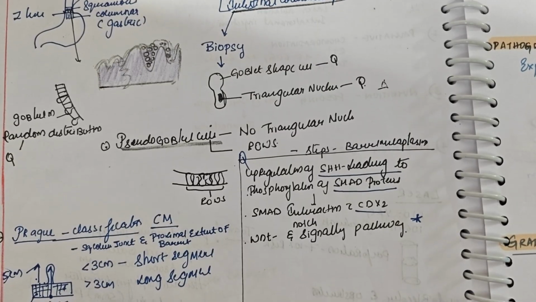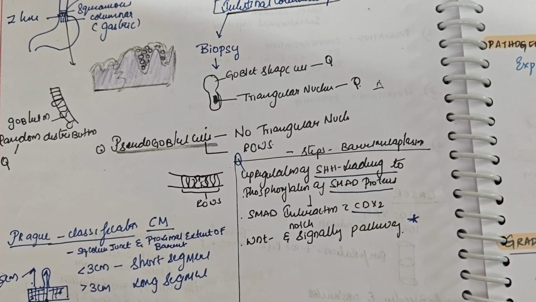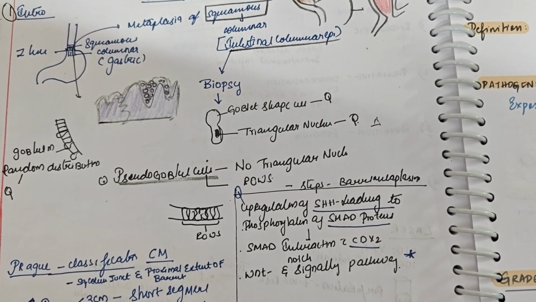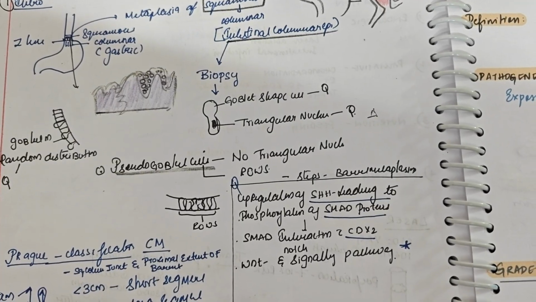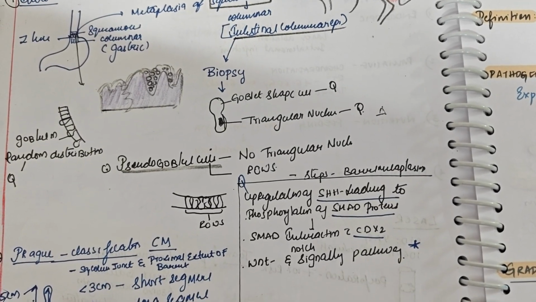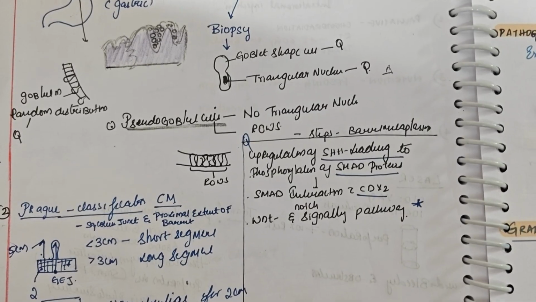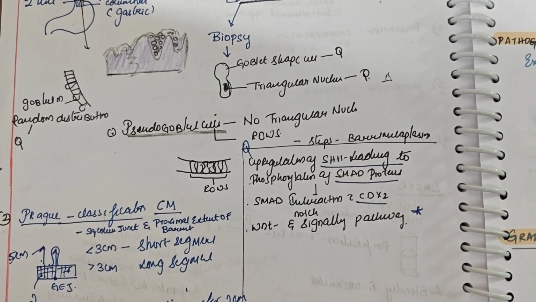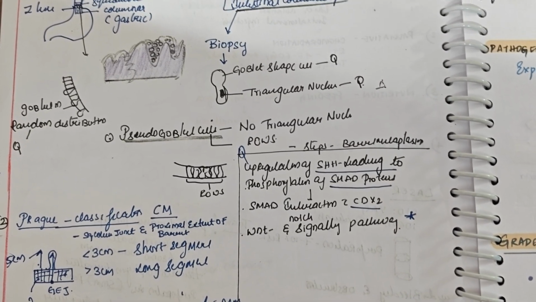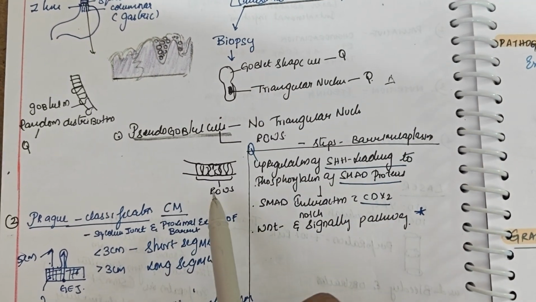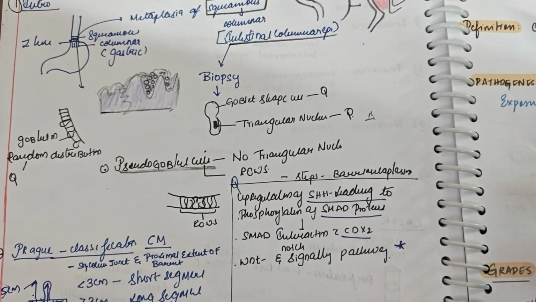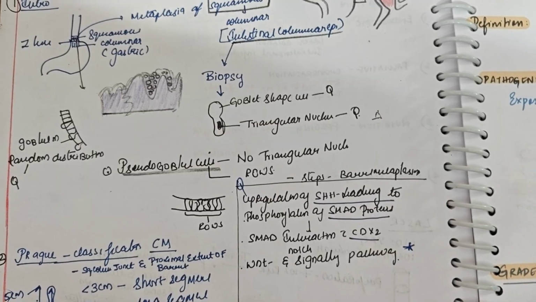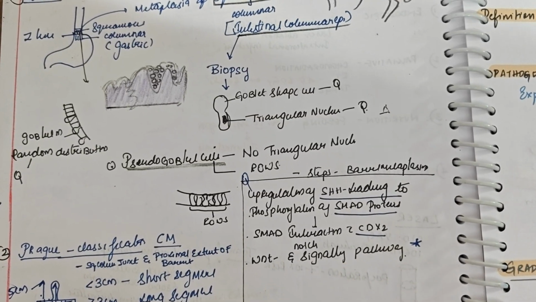And if you look at the distribution of the goblet cells in this intestinal columnar epithelium, the goblet cells are randomly distributed. That means you don't have any row-like structure. They can ask you how to differentiate pseudo goblet cells from goblet cells.